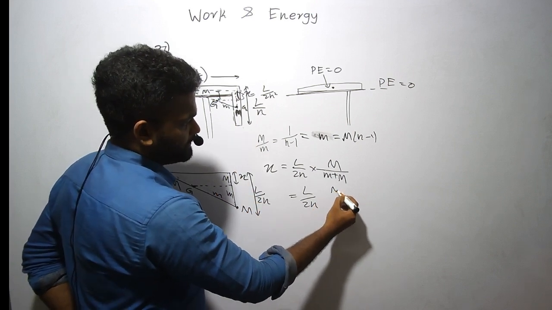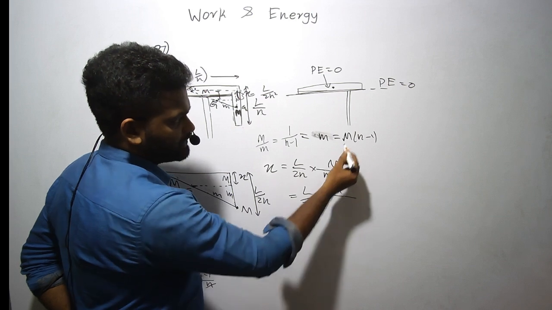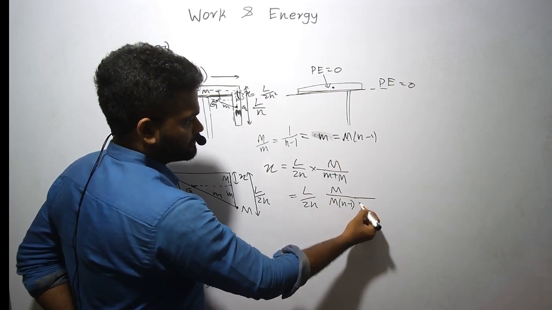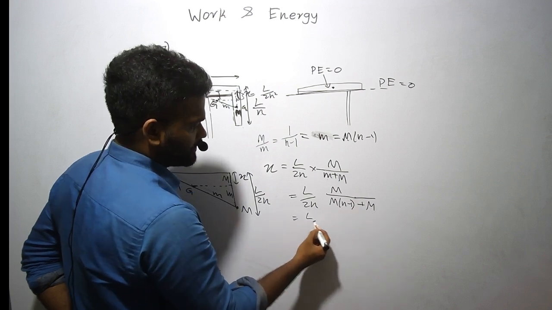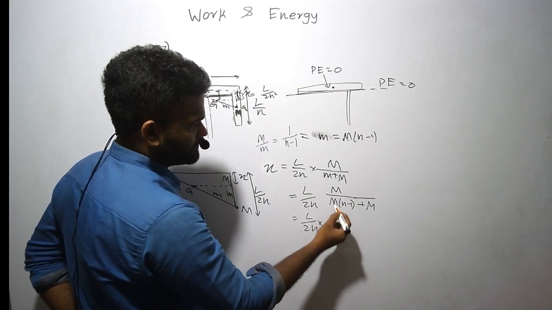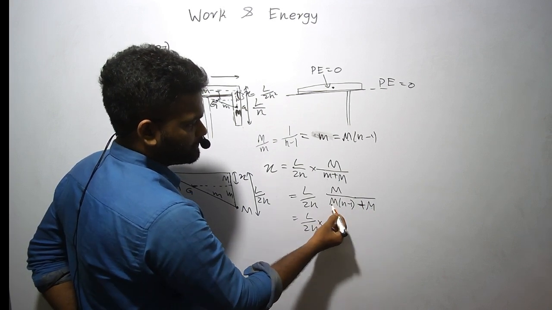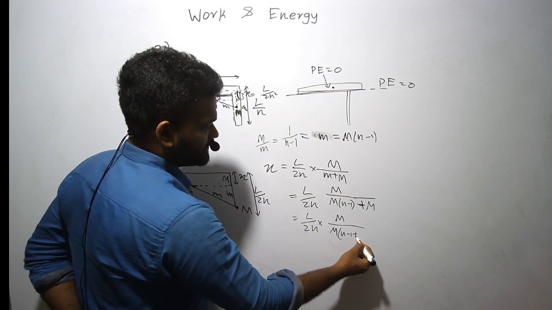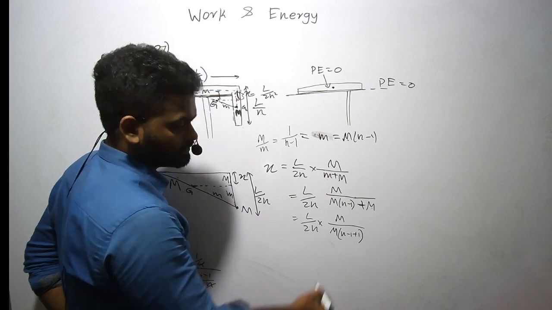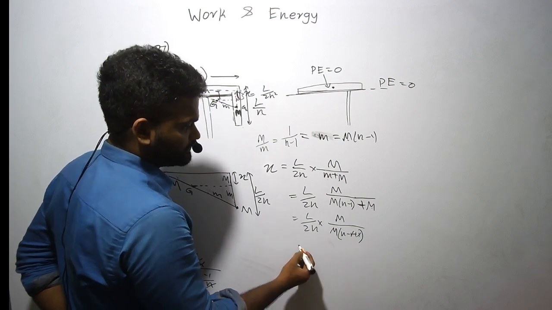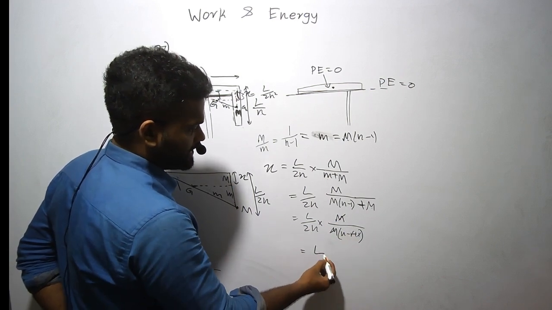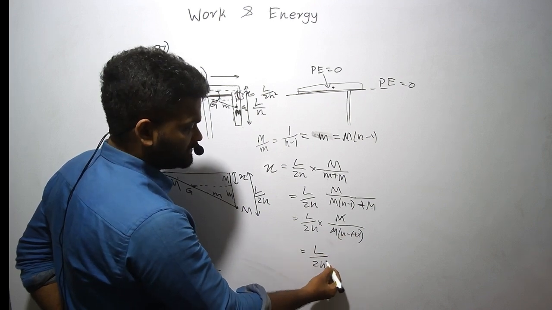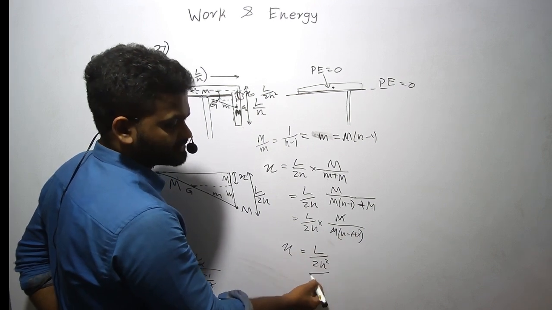So we can keep capital M, and instead of simple M I substitute this, plus capital M. So L over 2N times, you can take capital M out. Inside we get N minus 1 plus 1. Minus 1 plus 1 cancels off, M cancels off, and a simple N remains here. L over 2N gets squared. So this is x.